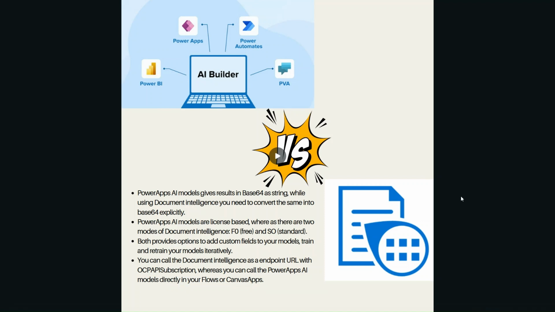If you plan to extract the contents of the document and upload or attach them to Dynamics 365 Finance and Operations records, you might not be able to achieve that unless you convert them to base 64. So Power Apps AI models do give results in base 64, whereas in Azure AI Document Intelligence, also known as Form Recognizer, you have to do this manually. So that is one difference.